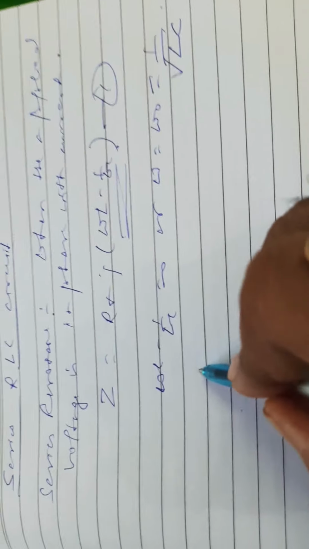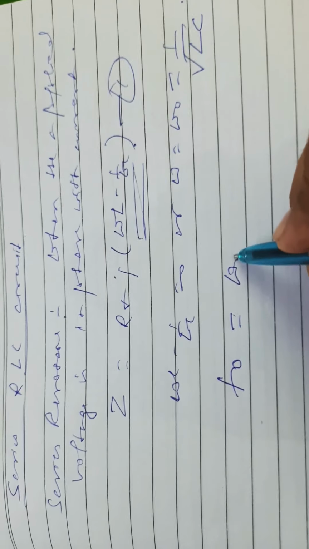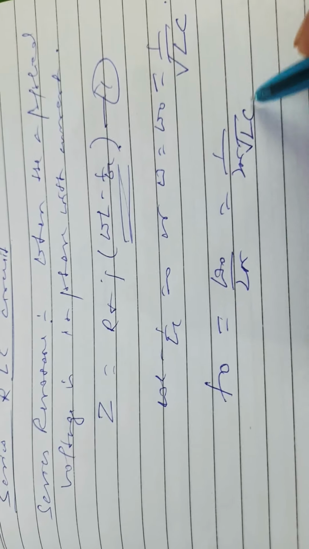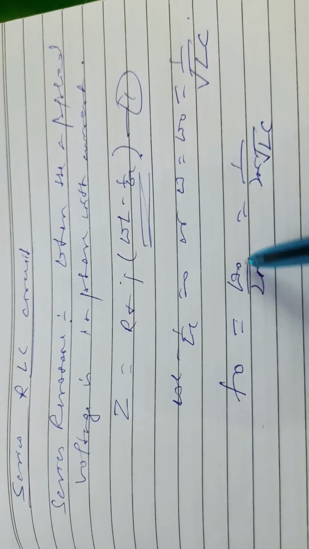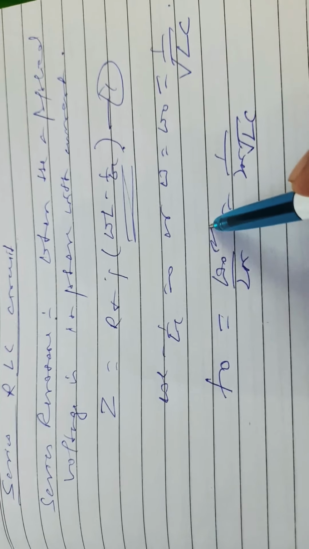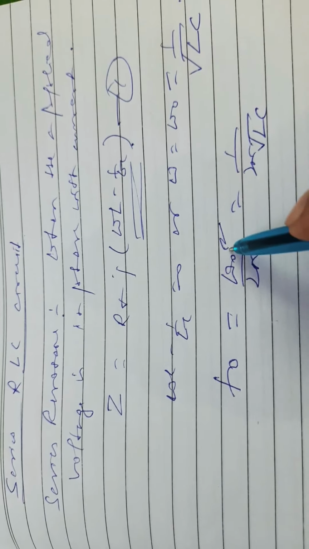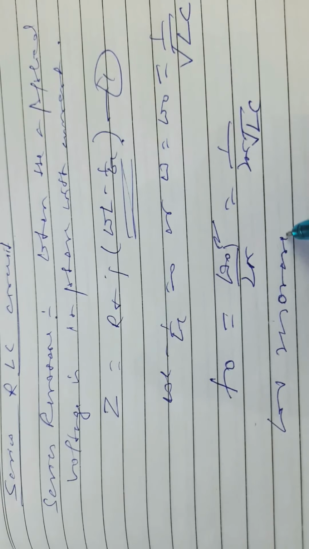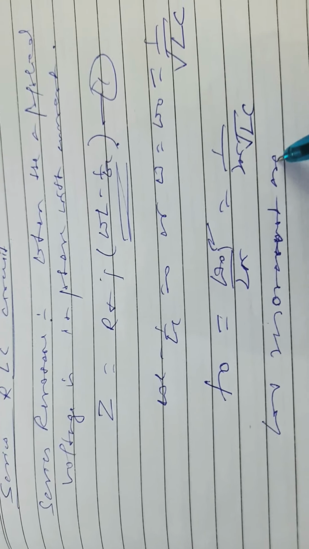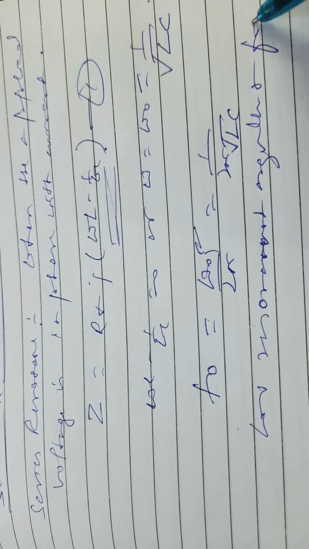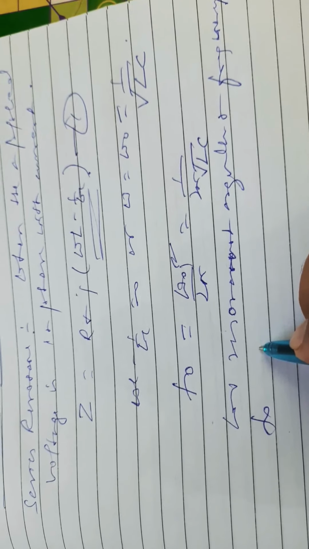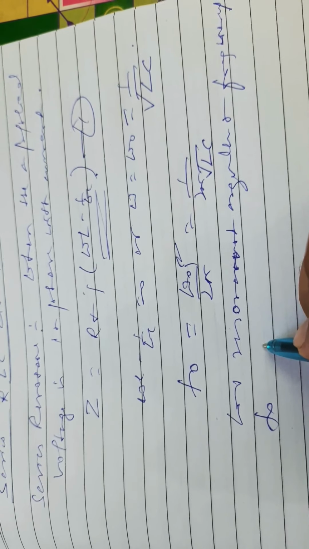Therefore f naught is given by omega naught by 2 pi, which equals 1 by 2 pi root LC. This quantity omega naught denotes the resonant angular frequency, and f naught denotes the resonant frequency.